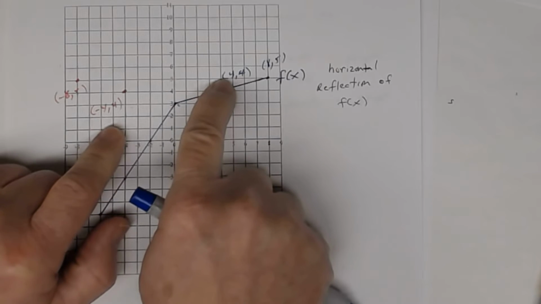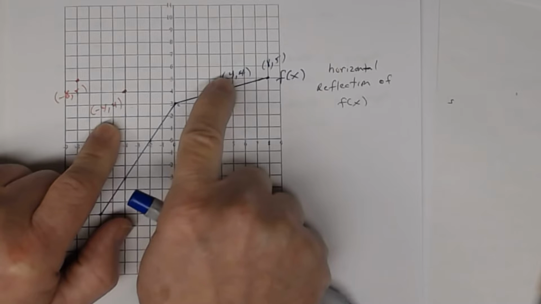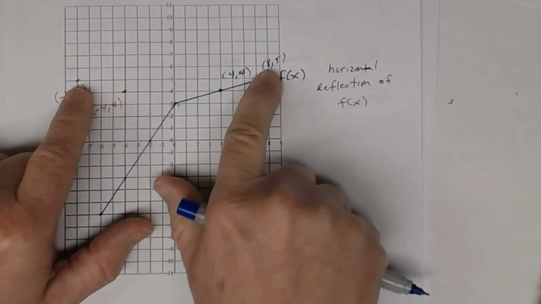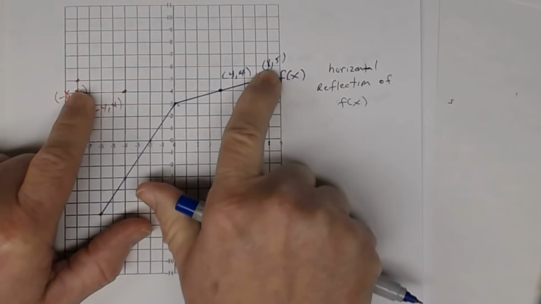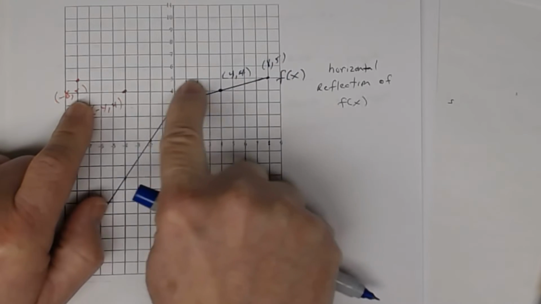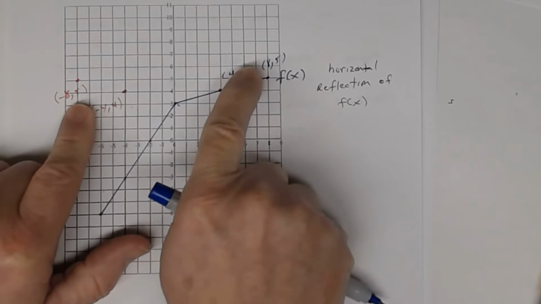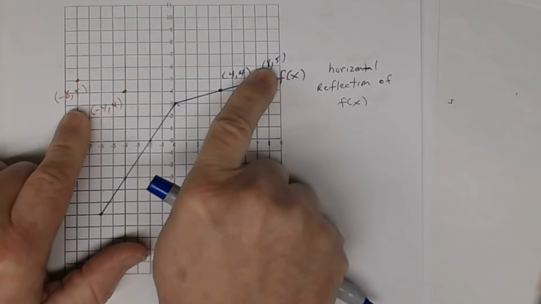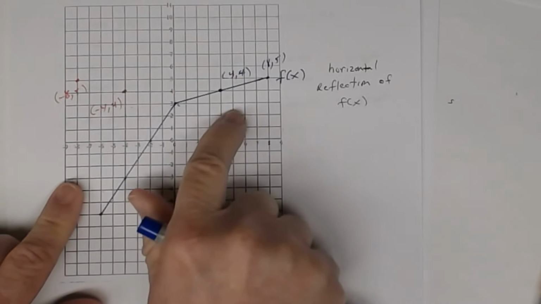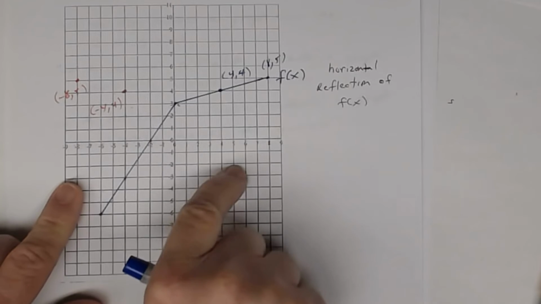But the x-coordinates are opposites this time. 4, -4. These two points are reflected. (8, 5) becomes (-8, 5). The y-coordinate stays the same, and the x-coordinates are opposites, which makes sense as well, right? 8, -8. 6, -6. 5, -5, and so on.